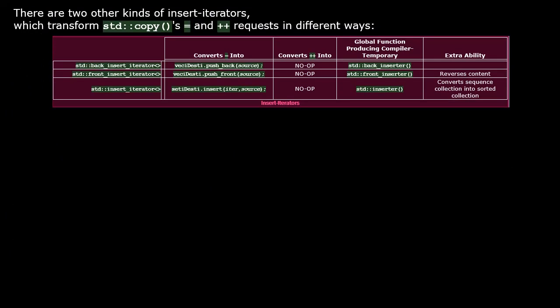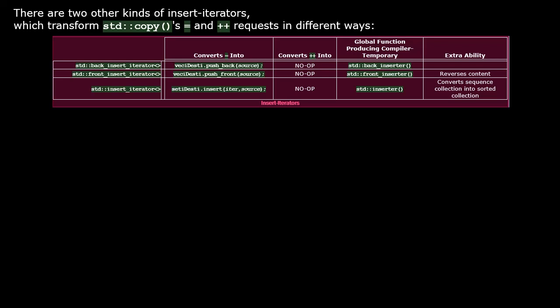Imagine that we use this same back insert iterator trick, except that now we redefine the assignment operator to call push_front instead of push_back. Again, we'd get a copy by insertion behavior, but now we'd also be reversing the order of the data while it's being copied.